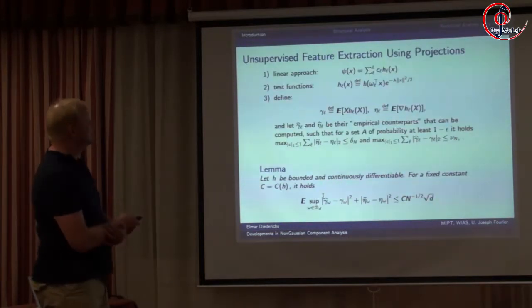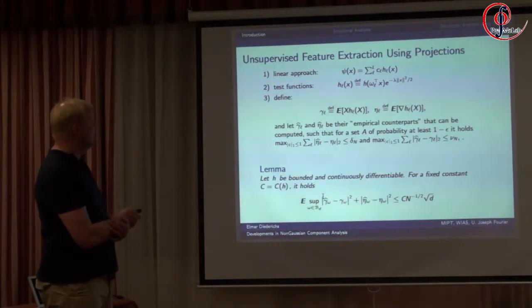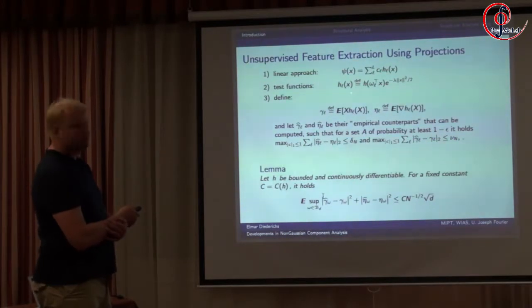Okay, so the question now is how can we make use of this setting? In order to construct psi from the data, we will construct psi as a sum of some test functions HL. The test functions should only be smooth and informative with respect to the distinction of Gaussian and non-Gaussian components.